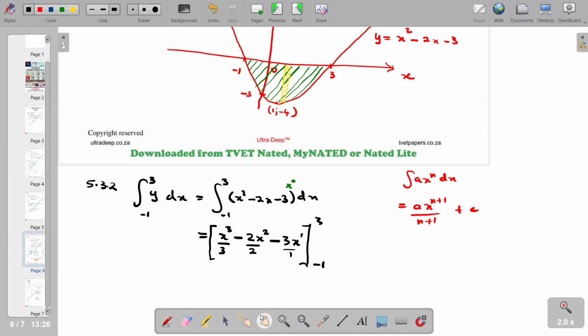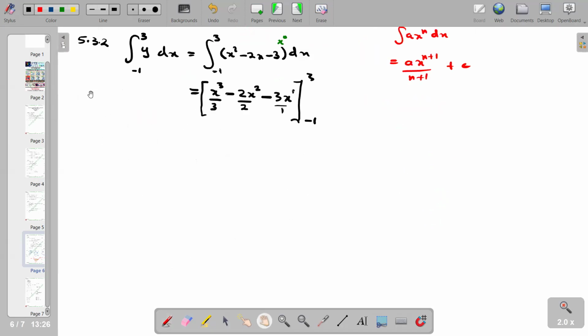Then simplifying that, it reduces to x cubed over 3; the 2 and 2 cancel out, minus x squared minus 3x, with limits 3 and -1.